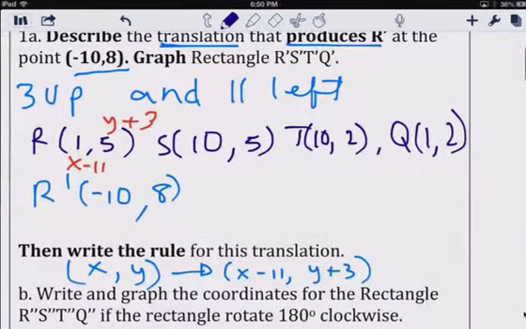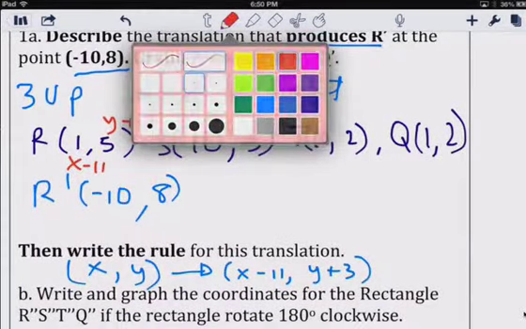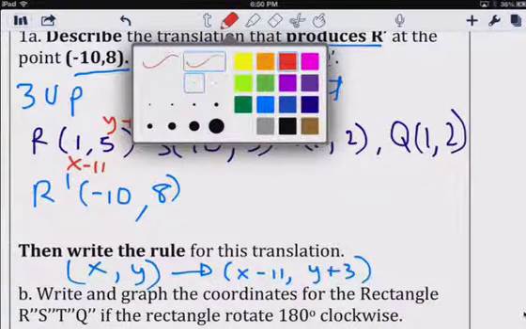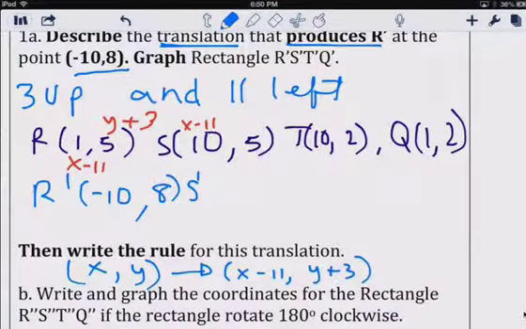Alrighty. So, if we apply the rule of x minus 11, S prime is at negative 1, and this is add 3, so 5 add 3 is 8.